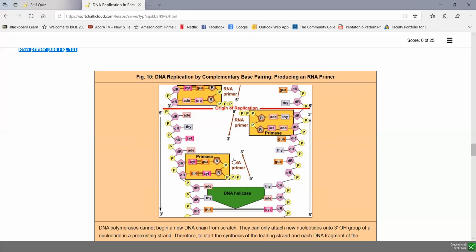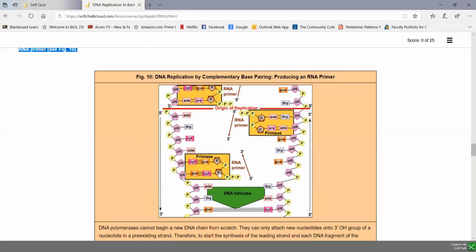And as the DNA helicase unwound it away, what the RNA polymerase or primase does is it complementary base pairs RNA nucleotides, ribonucleotides indicated by R for ribose rather than D for deoxyribose. So an RNA nucleotide containing guanine would hydrogen bond with cytosine, and it can be inserted without having to bind to anything.